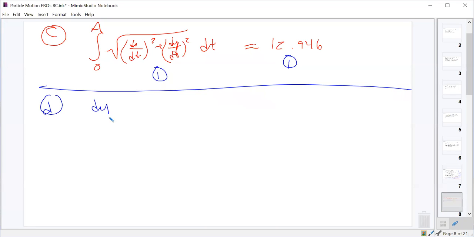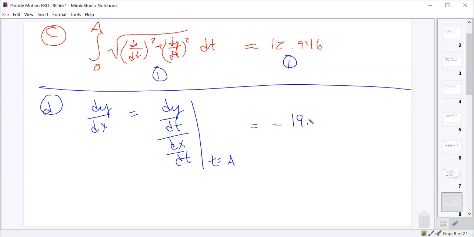So we can find that slope, dy/dx, by getting dy/dt over our dx/dt. And we know that the time period that we're interested in would be when t is equal to a. And so that gives us negative 19.21913.